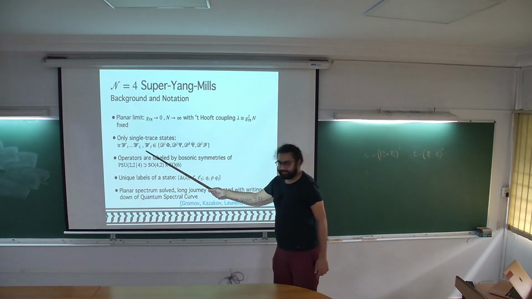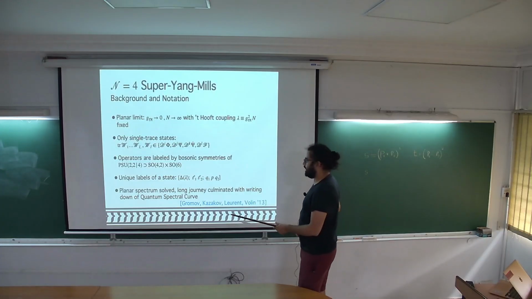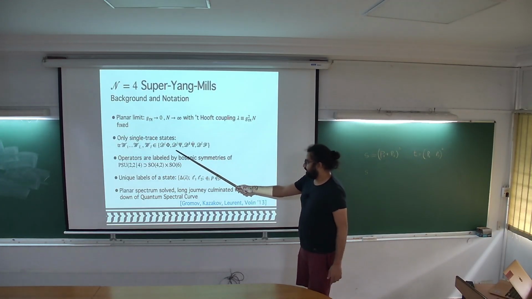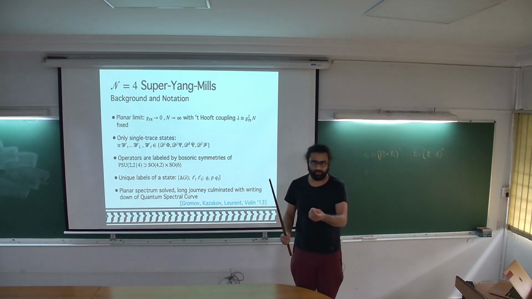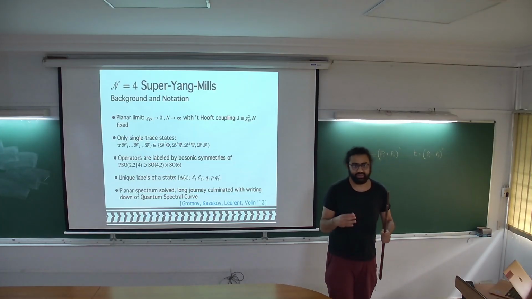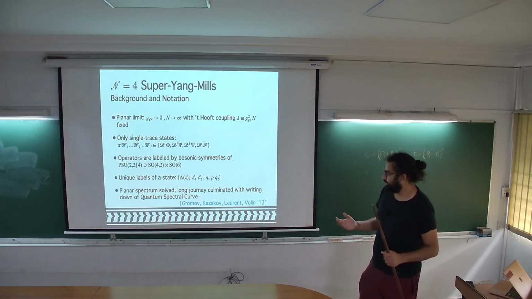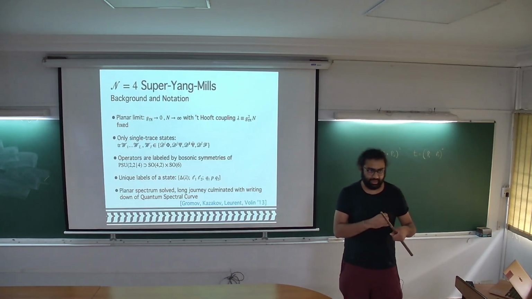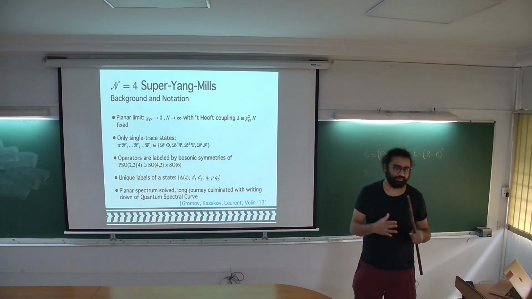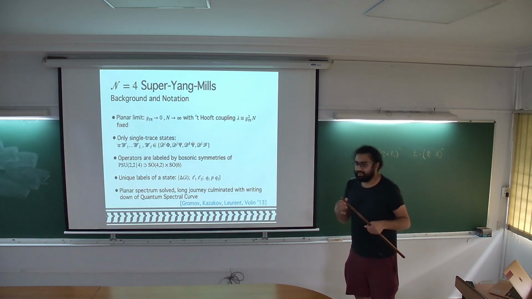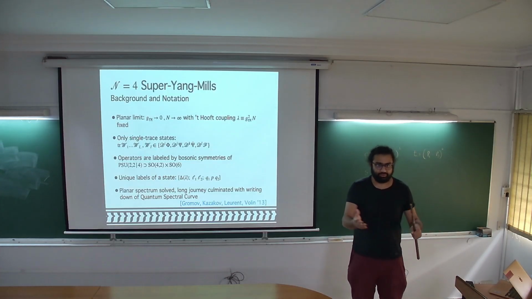They are a trace of L things, and these L things are made out of your favorite number of covariant derivatives acting on the fields in the N=4 super Yang-Mills Lagrangian. Just take a bunch of fields, act on them with as many covariant derivatives or none, and that defines a basis for your single trace states.